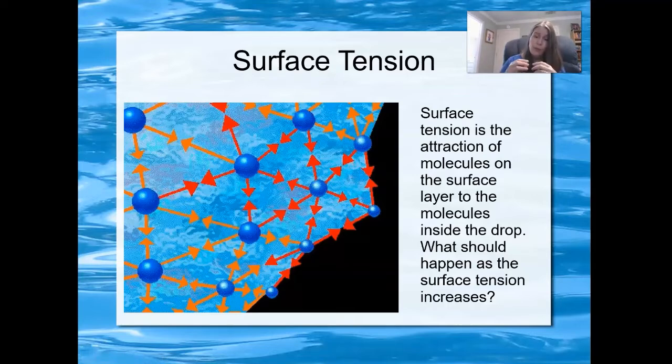So we want to think about what should happen as the surface tension increases to how many droplets will cling together on the top of the penny. So once we get to the point where we have too many droplets to hold together with the surface tension, then the droplet will break, and that will be when we stop counting.